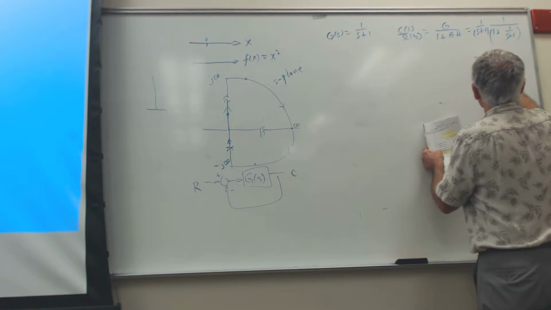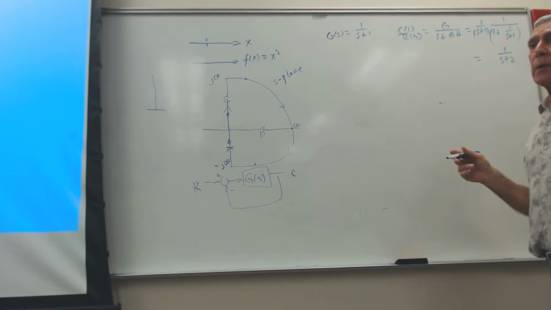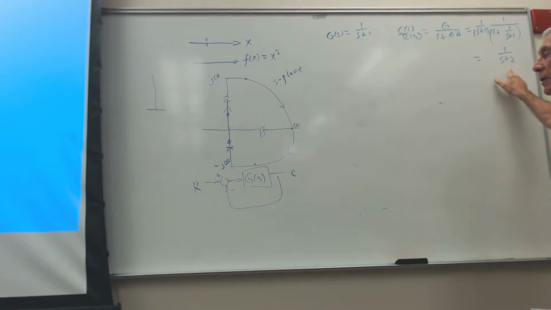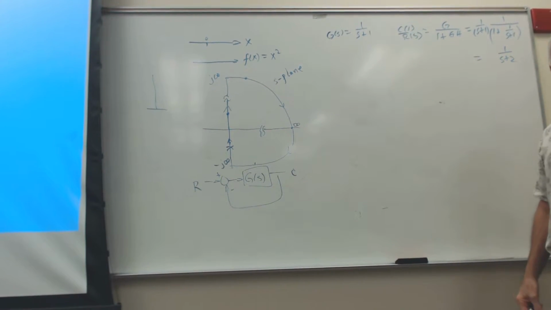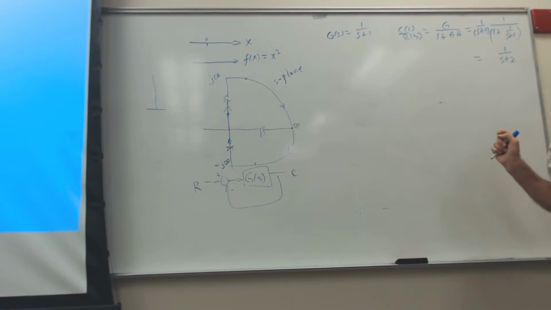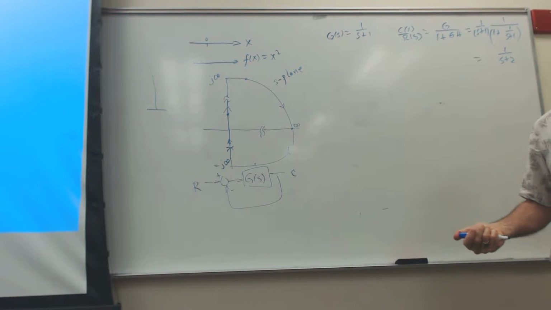Okay, so this just gives 1 over s plus 2. That's the closed loop transfer function. And you can determine whether the closed loop transfer function is stable. You just set the denominator equal to 0. Right? The pole is at -2, so the system is stable.